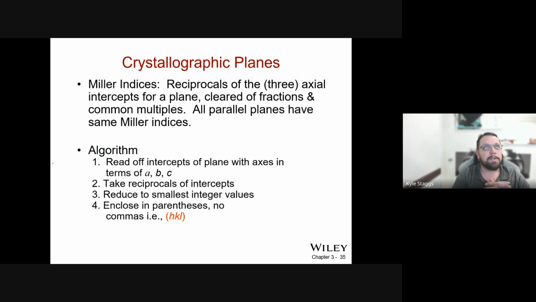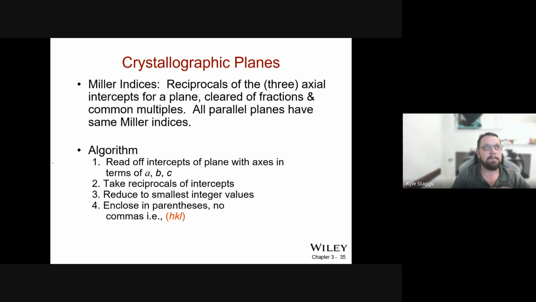So it's important to understand what Miller indices are: the reciprocals of the three axial intercepts for a plane, cleared of fractions and multiples, and all parallel planes have the same Miller indices.